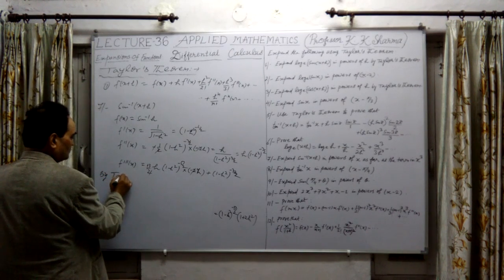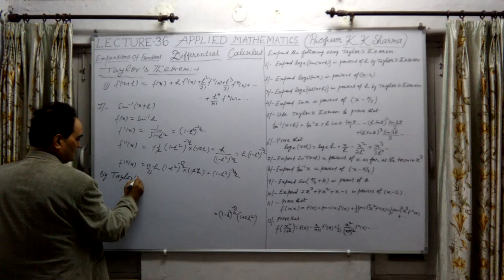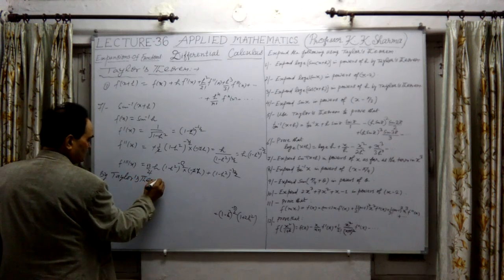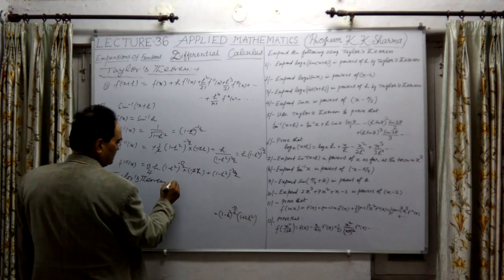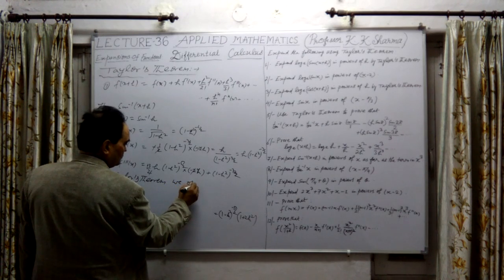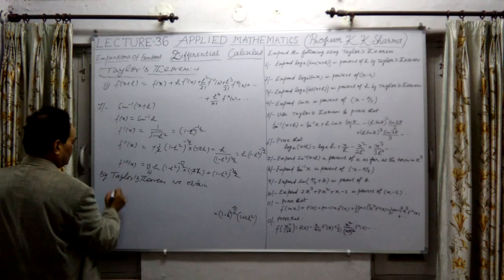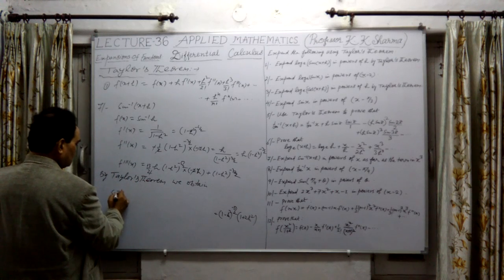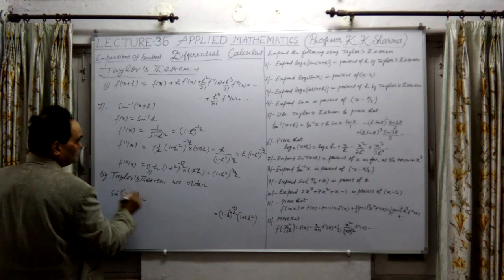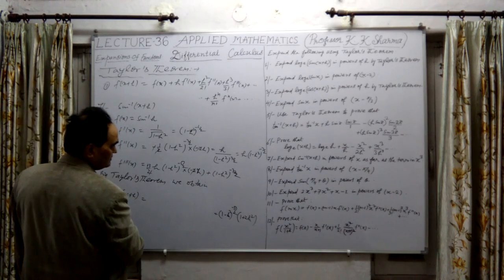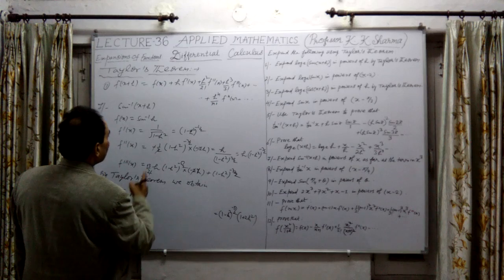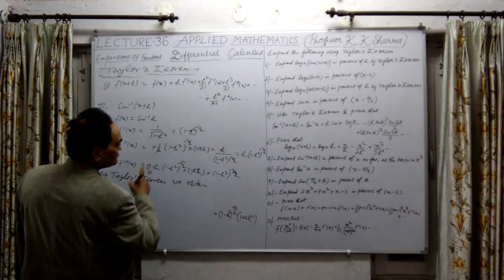By Taylor's theorem, we obtain the final result. By Taylor's theorem, we obtain sine inverse (x plus h) is equal to, this is in powers of x.